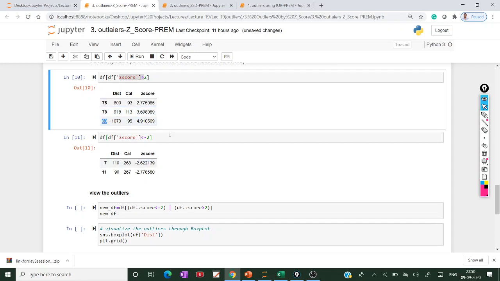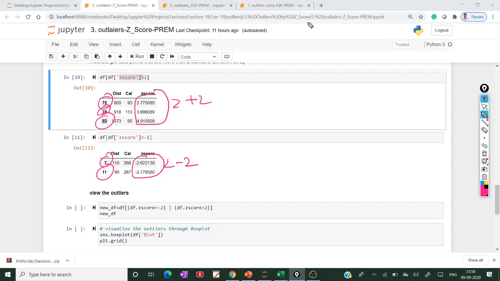See, this is the z score. These z scores are less than minus 2, and these z scores are greater than plus 2. So what are the data values? Row numbers 75, 78, 83, 7, 11.